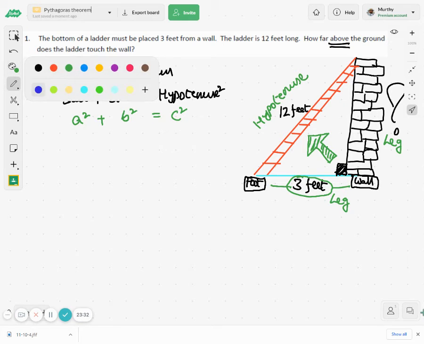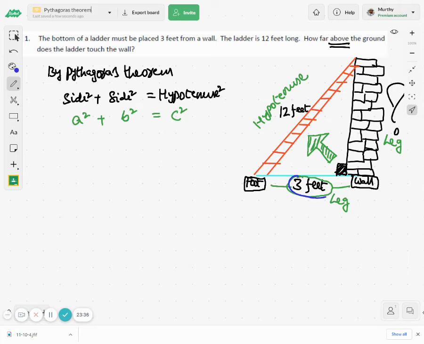Now, plug in the values. One of these sides, that is 3 feet, you can consider as a. The other one, I don't know the length of this leg, so it is missing. Let me use the variable b. And the hypotenuse is 12.